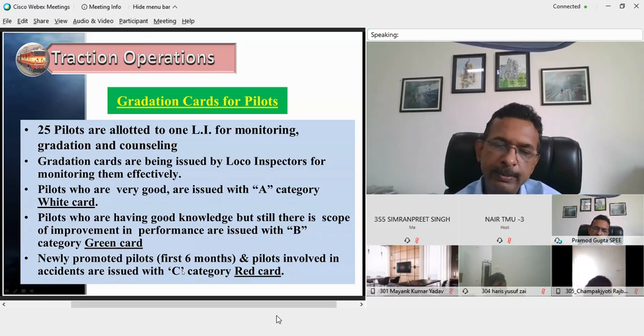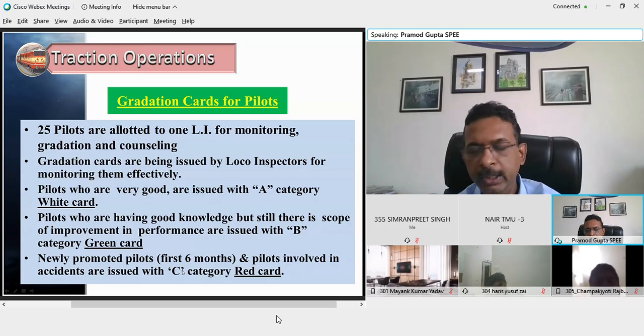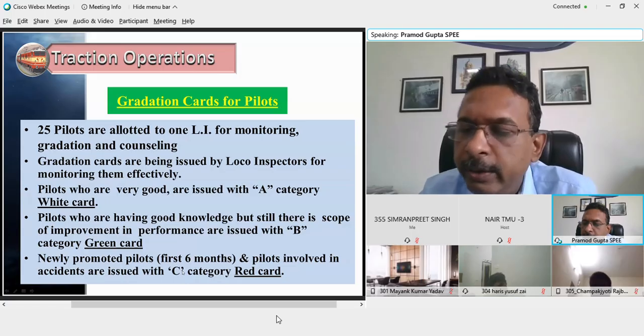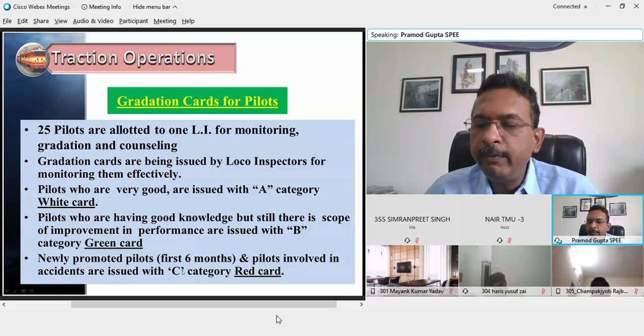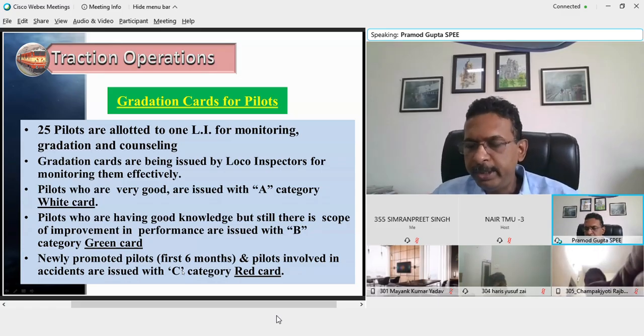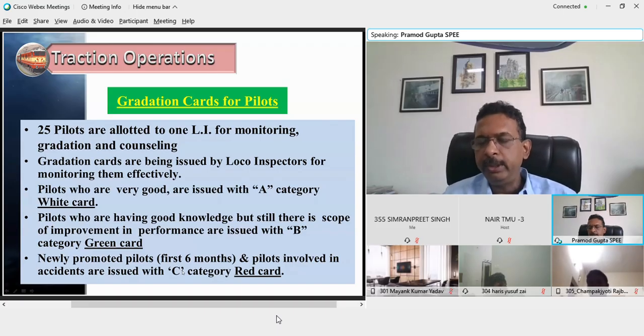Secondly, the loco inspector is one category who has performed a service of more than 12 to 15 years. He has a very excellent track record. His knowledge is good. So we normally don't come across such kind of loco inspectors who have risen from the rank. He has also undergone the same treatment which was given to him, and normally they are honest to their duty.